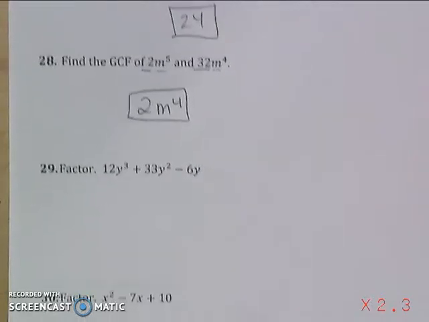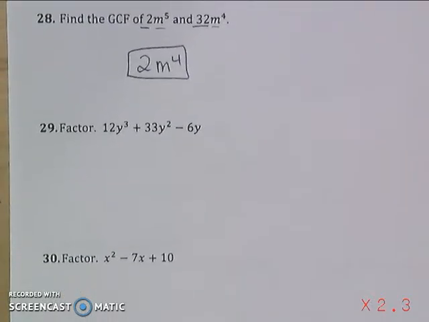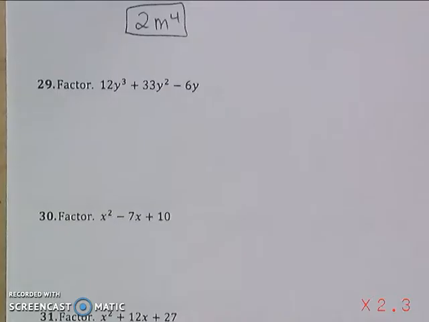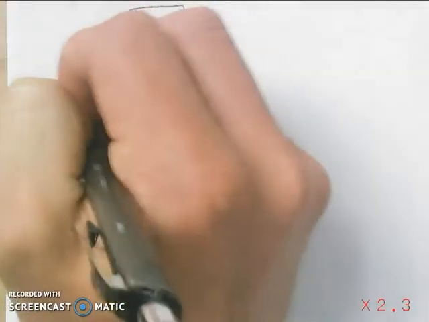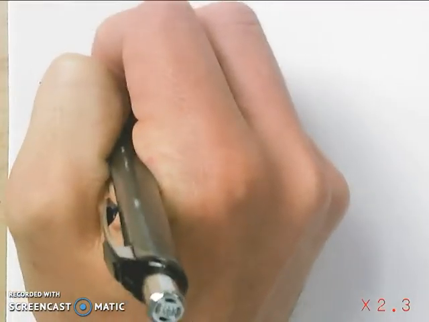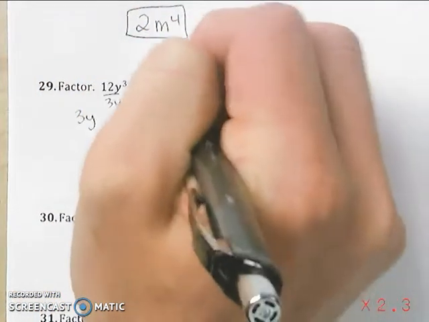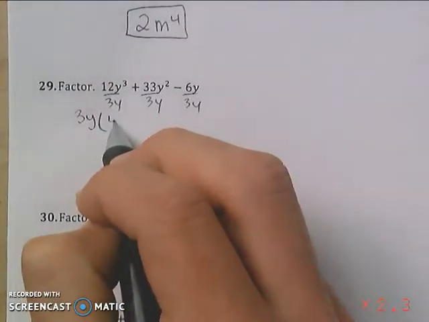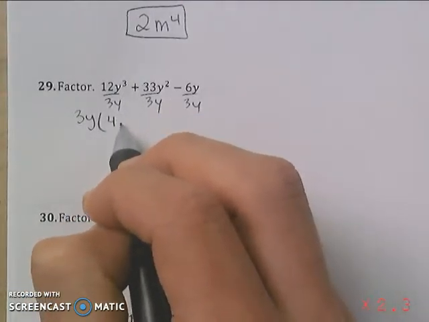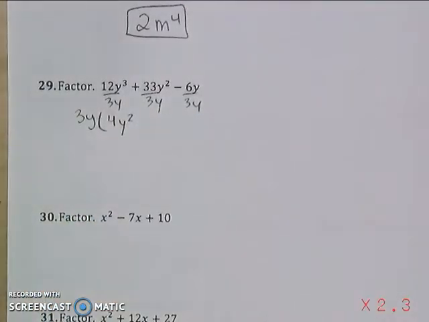All right. 29. We're factoring here. We're going to go ahead and pull out anything we can using GCF. So I notice that they all have a y, and they might be all divisible by 3. Let's try pulling out 3y from each of these. So I'm going to divide each of these by 3y. And whatever I have left over, I'm going to put in. 12 divided by 3 is going to give me 4. y to the 3rd divided by y is going to give me y squared, because I'm taking one of the y's out.